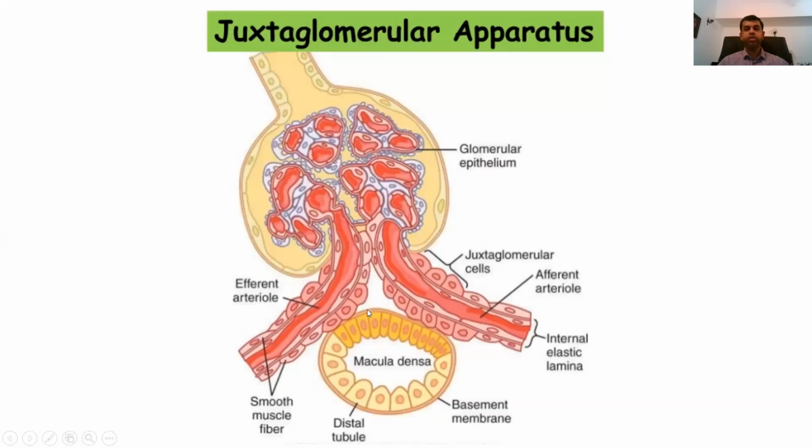And when you talk about the distal tubule, there is a place which gets specialized into an area called macula densa cells. All these three together is what you call the juxtaglomerular apparatus. So how does this act in controlling the urine production or the glomerular filtrate?